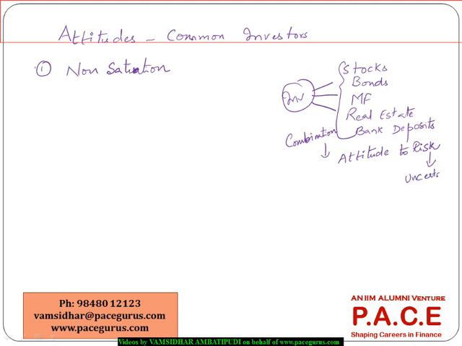Some investors are high risk taking investors, whereas some investors don't want to go with the risk, and we have already defined risk as uncertainty. In some investments, there is a high level of uncertainty. Either the gain could be very high or loss could be very high. The uncertainty levels are very high. Whereas in some other securities, the uncertainty levels are much lesser. Probably if I am going for a fixed deposit in a bank, the uncertainty levels are much lesser. So the uncertainty is the risk part.